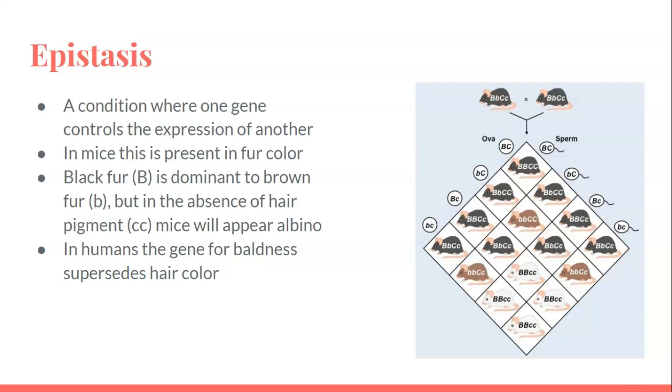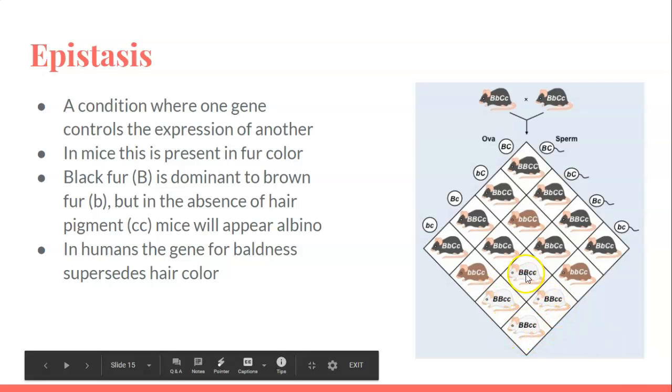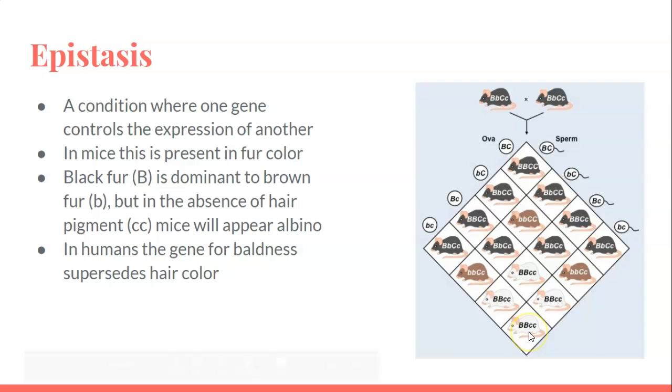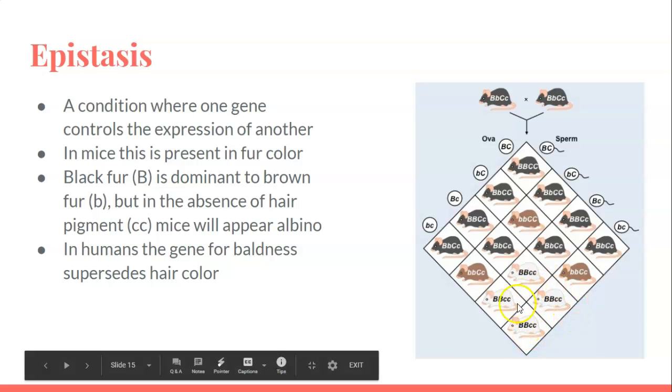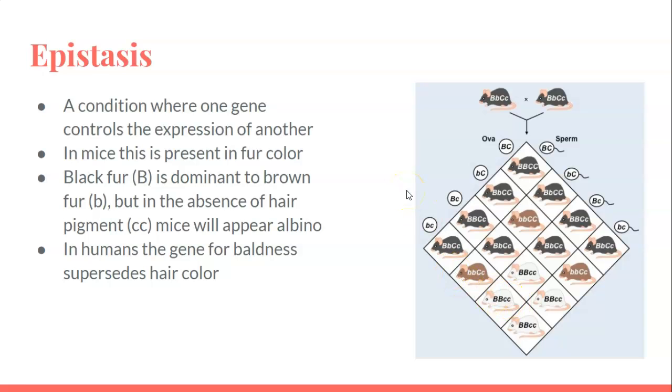As you can see at the bottom here, even though they have capital B's in these, it doesn't matter because they have 2 lowercase c's, so it overrides the B's and forces all of the mice to become albino. This also happens in humans where the gene for baldness supersedes hair color. If you have the gene for baldness, you're going to go bald regardless, and it's going to supersede having red hair or brown hair or blonde hair, whatever color hair you have.